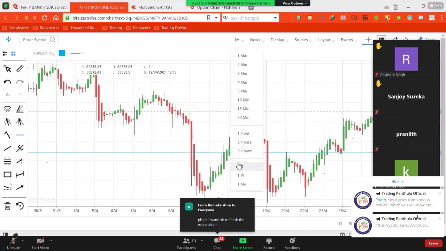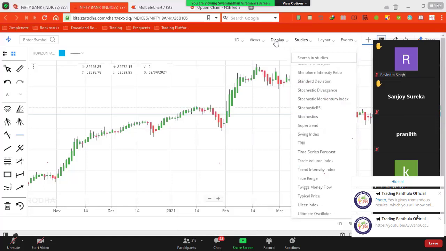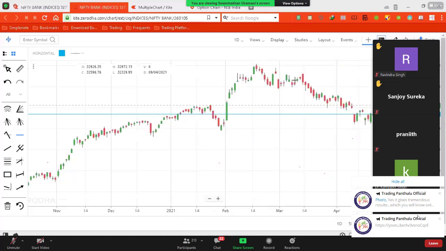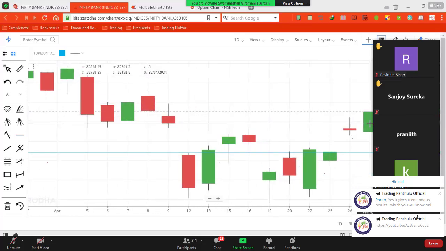Sometimes I even look at a daily candle, and if the daily candle is a strongly bullish momentum candle, why would I take a contra trade? I know that it's only likely to be a pullback. With this kind of candle forming, there's no way I would have taken a contra trade.